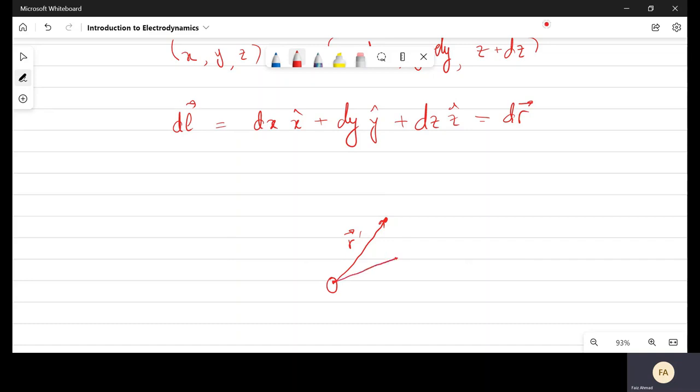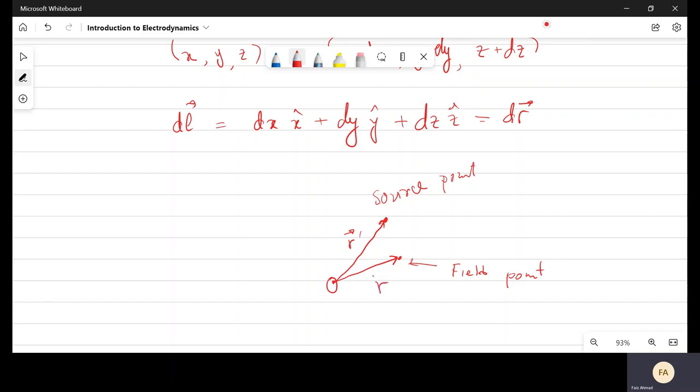We want to measure the field at this point. We are not at the origin. In fact, we have one point where a charge is located. This is the source point. And we have a point where we want to find the field or observe the effect. This is called the field point.